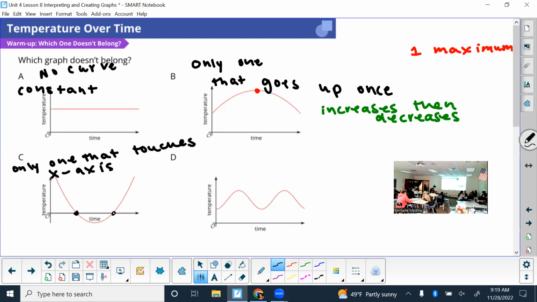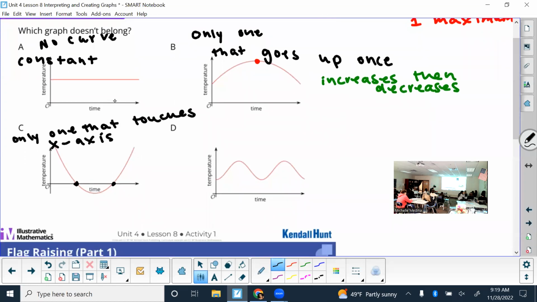Any other reason it doesn't belong? It only has one minimum. Good, it only has one minimum. Where would the minimum be? Describe it to me. Perfect. The lowest point of the graph. You could also say it's the only one that decreases one time. Basically the opposite.